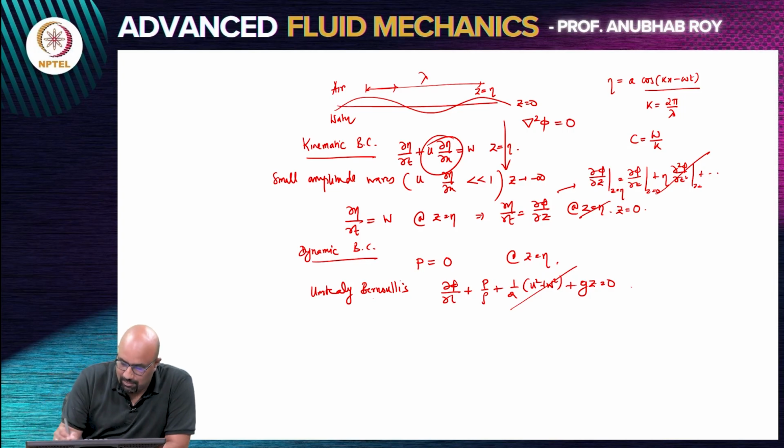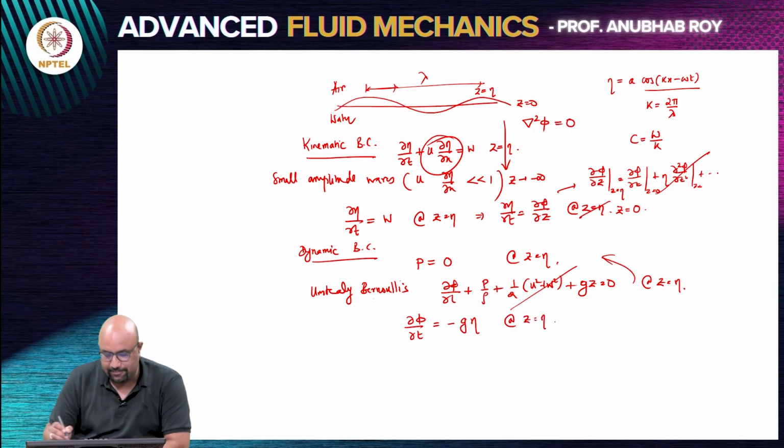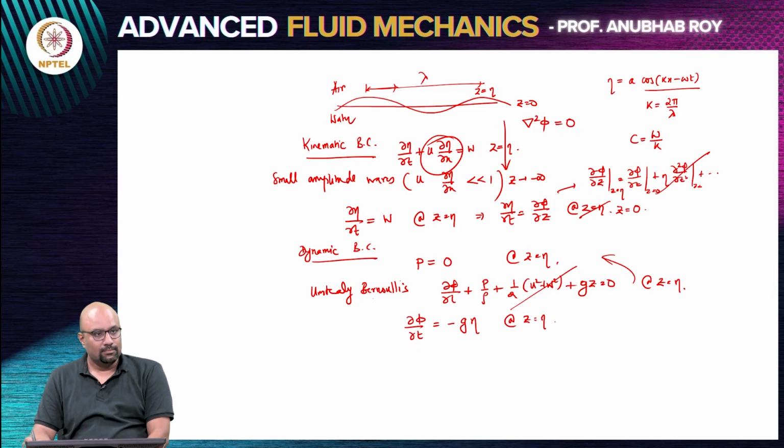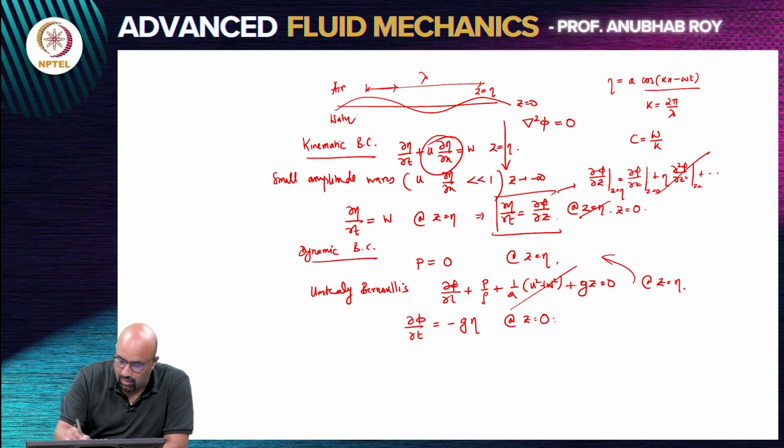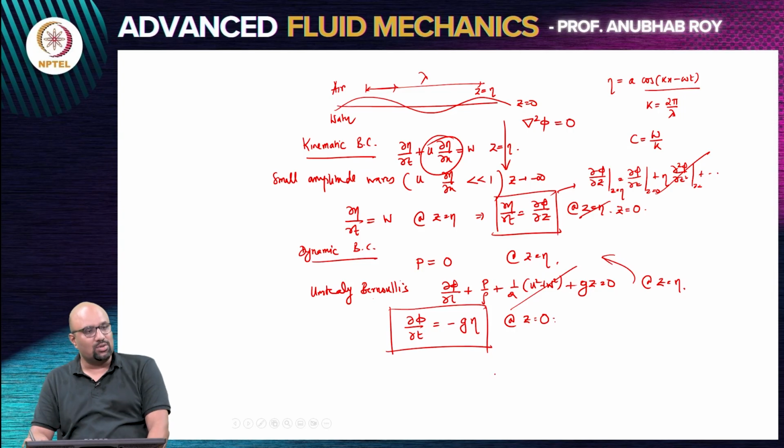Which means plugging it into my dynamic boundary condition, and this is all now applied at z equals η. So if I plug it into my dynamic boundary condition, I will get ∂φ/∂t is equal to minus gη at z equals η. So now this again can be applied at z equals 0. So I have two boundary conditions at z equals 0. ∂η/∂t is ∂φ/∂z, and ∂φ/∂t is equal to minus gη.